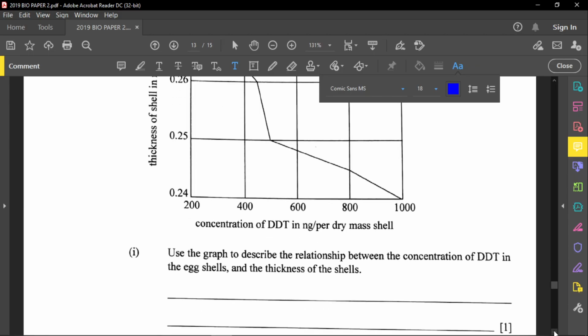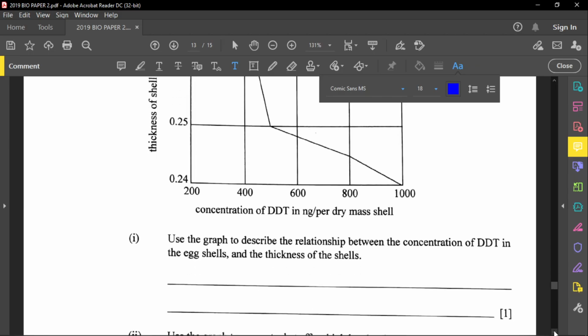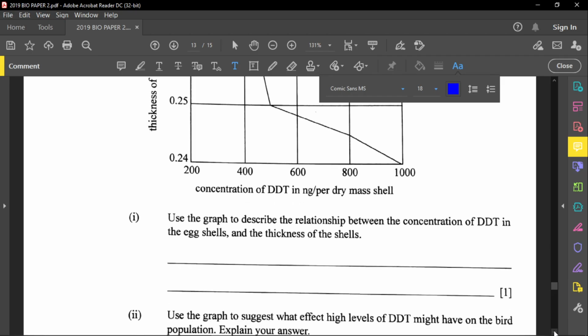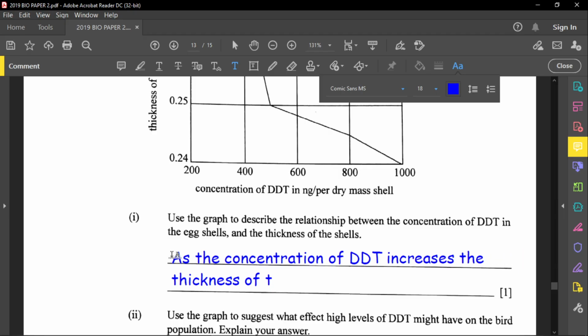Use a graph to describe the relationship between the concentration of DDT in the eggshells and the thickness of the eggshell. So here it is saying that as the concentration of DDT increases, the thickness of the eggshell will decrease.